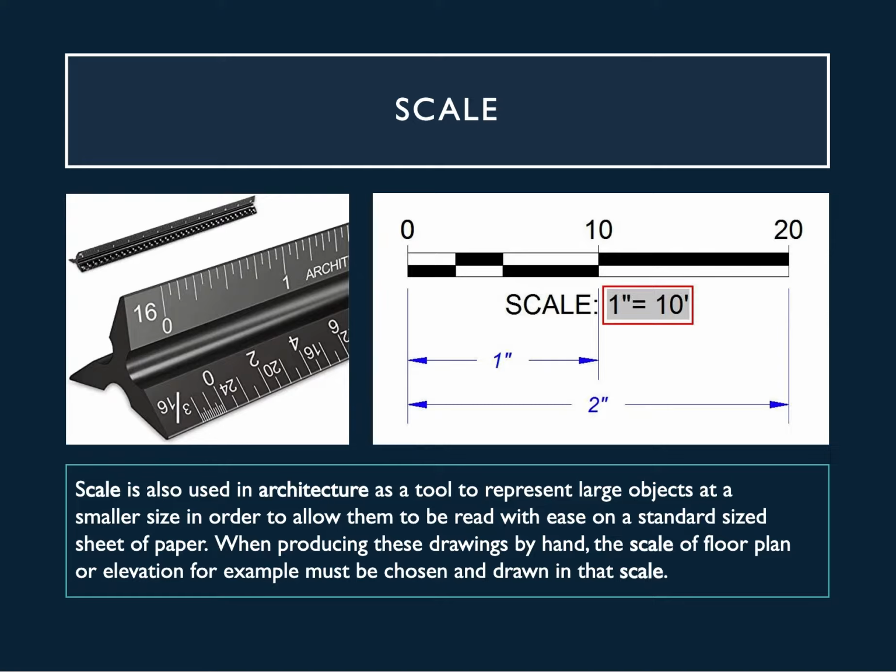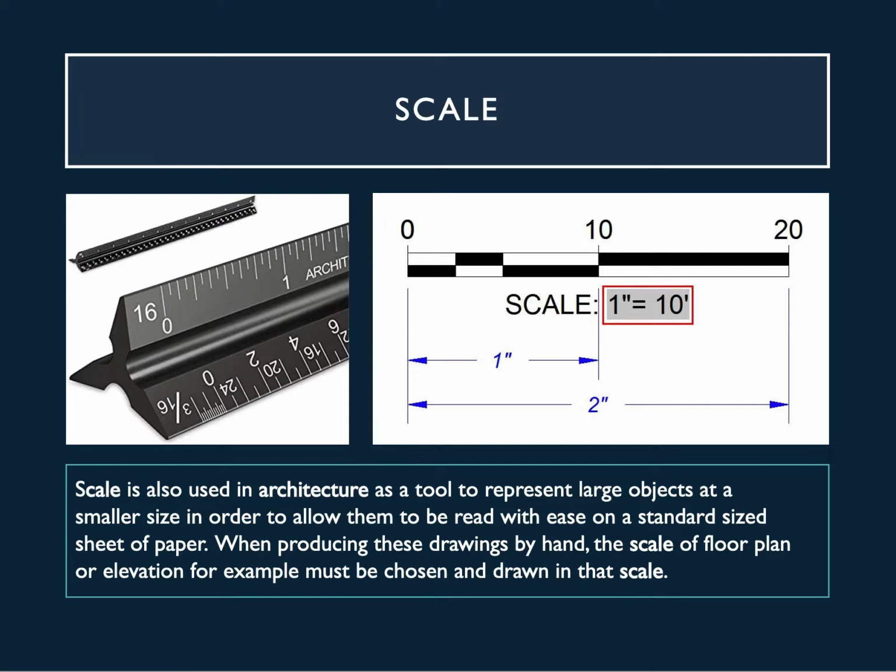In architecture, we have something that is called an architectural scale. And it allows us to draw large objects on a smaller piece of paper by using a scale to make them proportionally accurate. We'll talk about how to use a scale.